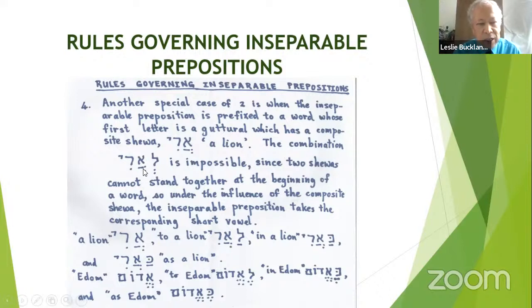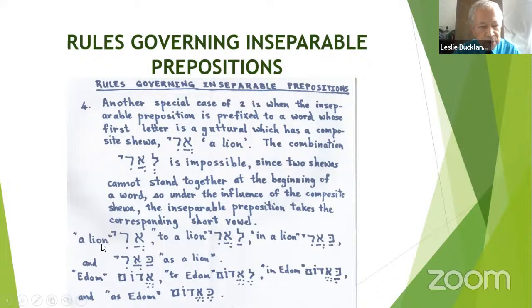So in order to deal with the problem, instead of having the simple shua under the lameth, it takes a pathak for itself and places it underneath. So now, instead of two shuas together, you have la, lameth and pathak. And of course, this composite shua can remain.